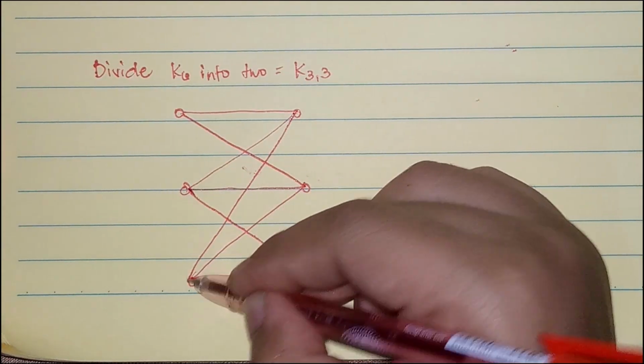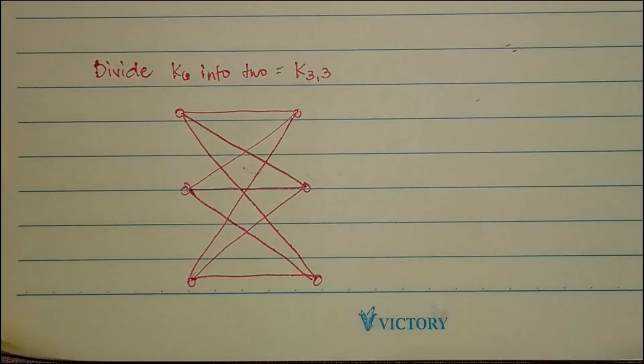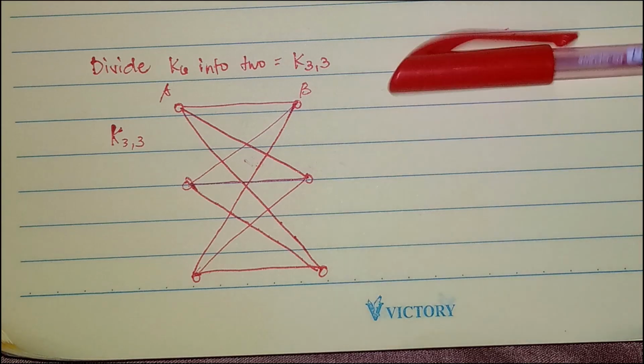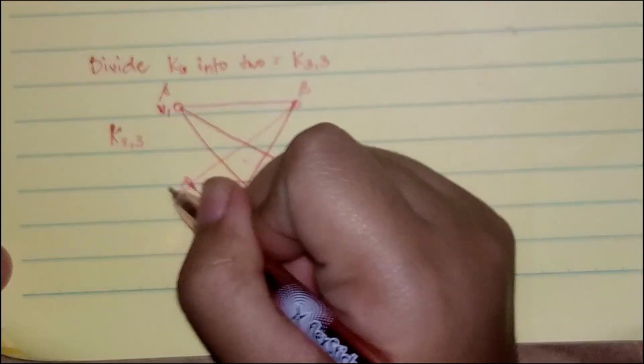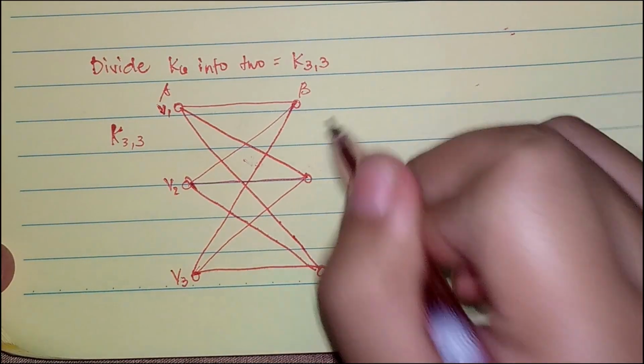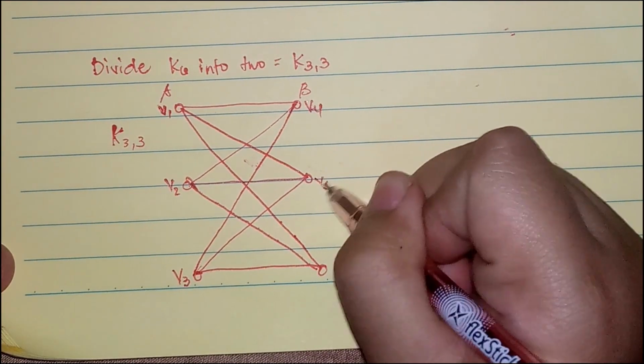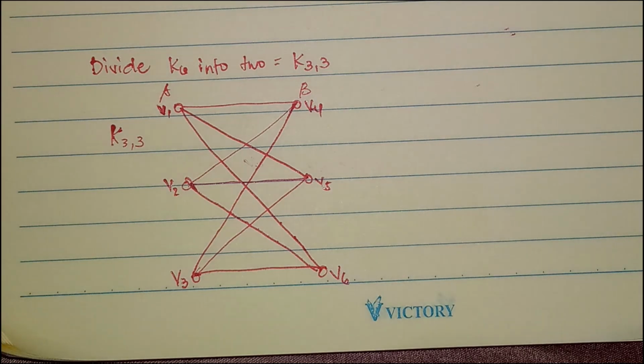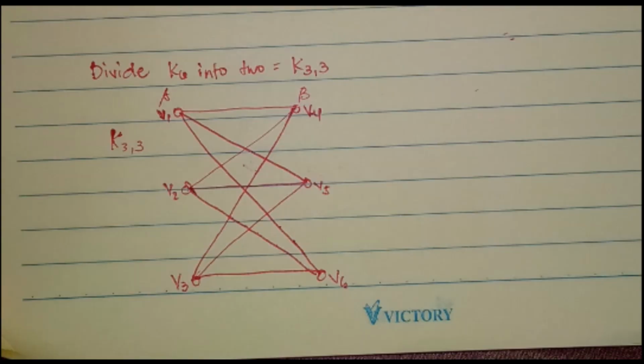So, if we remove the edges within A or within B, this will result in our graph being the bipartite K sub 3,3, which has one part V1, V sub 2, V sub 3, and the other part V sub 4, V sub 5, and V sub 6. So, K sub 6 is a non-planar graph. So, both K sub 5 and K sub 3,3 are minors of K sub 6, satisfying the statement that if G is non-planar, then it contains K sub 5 or K sub 3,3 as a minor.